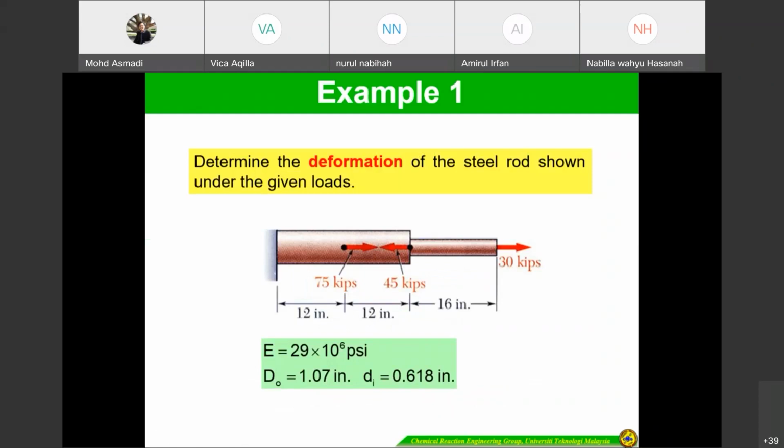The given modulus of Young is 29 times 10^6 psi, with D outer and D inner of 1.07 inch and 0.61 inch. We have to calculate the deformation.